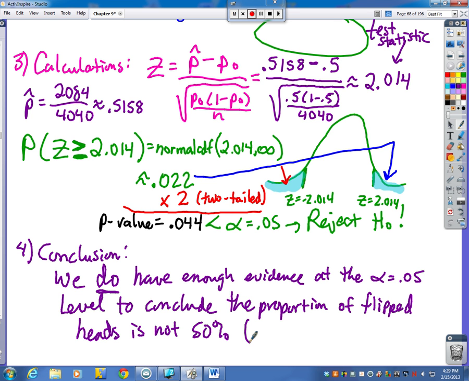But what that really means, and this is what you could write instead of that, so you could say to conclude the coin is not fair. It leans more heavily towards heads, just slightly, than it does for tails. Okay, so you could conclude this, or you could write out the proportion of flipped heads is not 50%. And we're officially done with the problem.